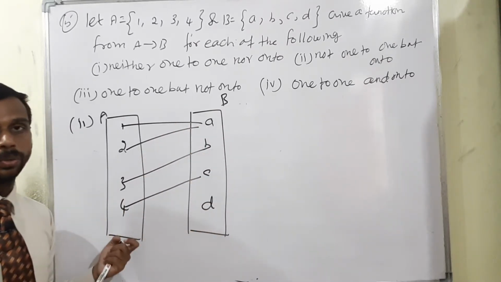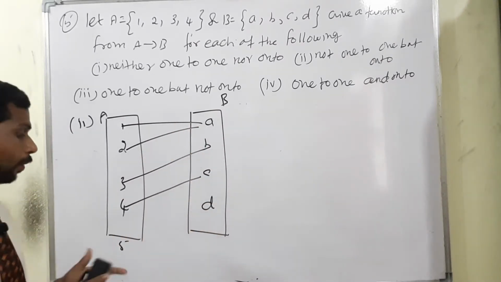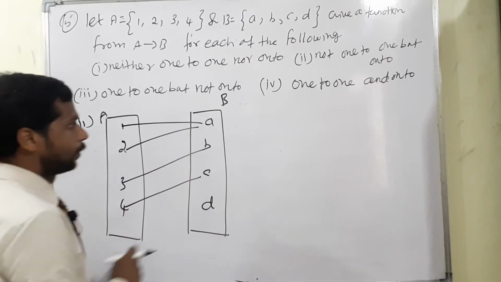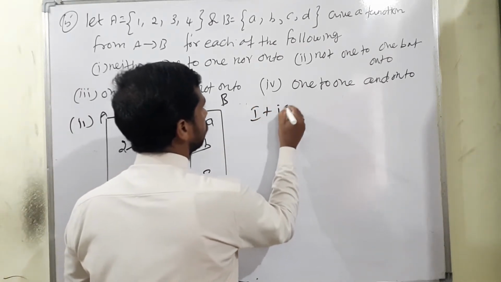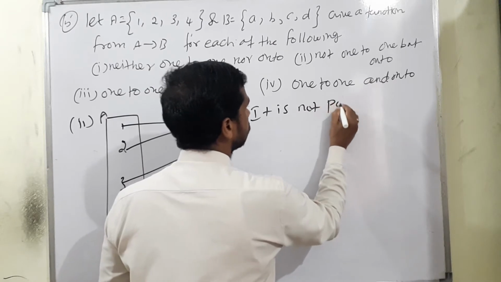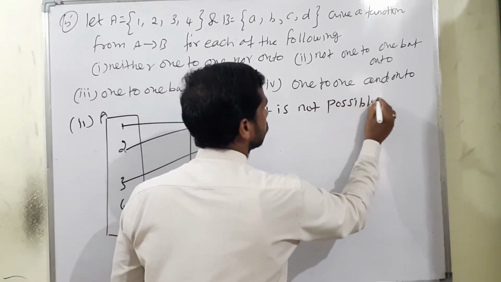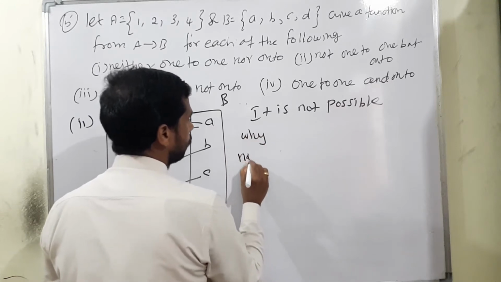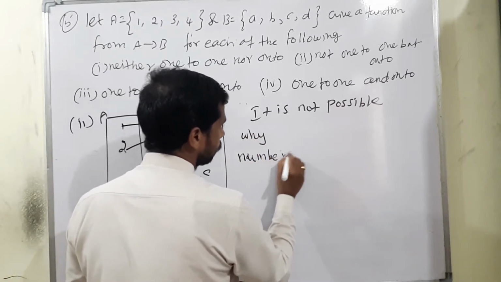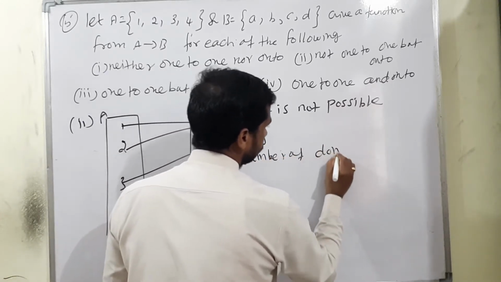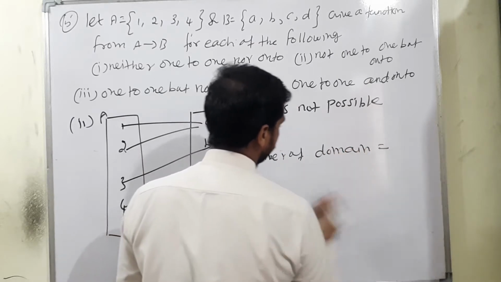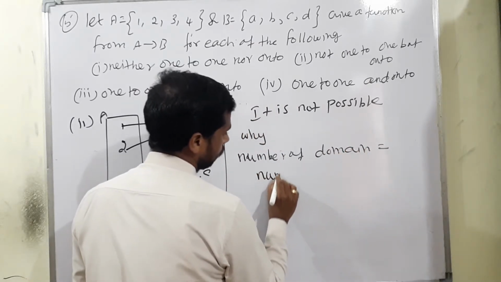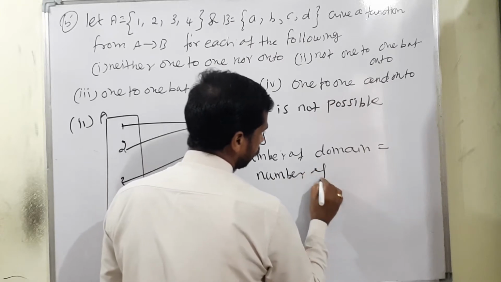We have the same value. That's why we are saying it is not possible. So the subdivision 2 answer: it is not possible, because the number of domain elements is equal to the number of codomain elements.